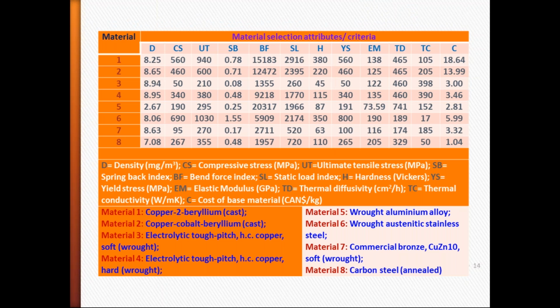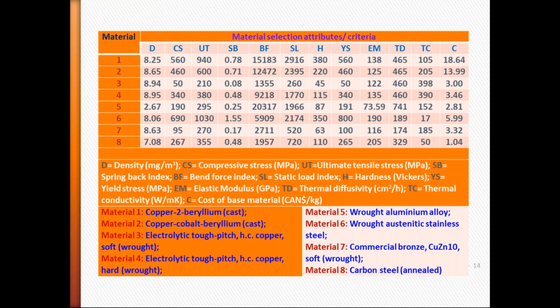Now this matrix represents a material selection problem. You can follow the left side, the column material is written 1, 2, 3, 4 up to 8. So we have 8 alternatives, which are 8 different types of materials. And in the second row, you can see a set of criteria.